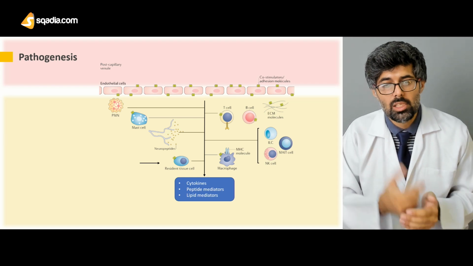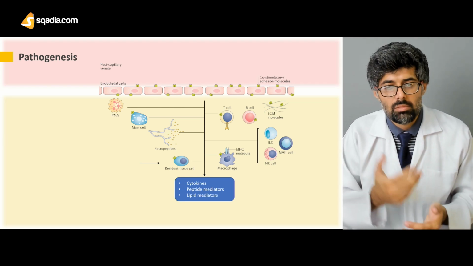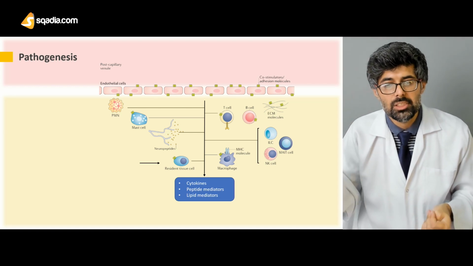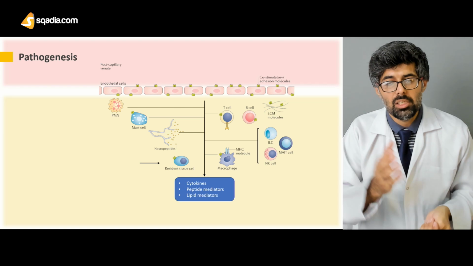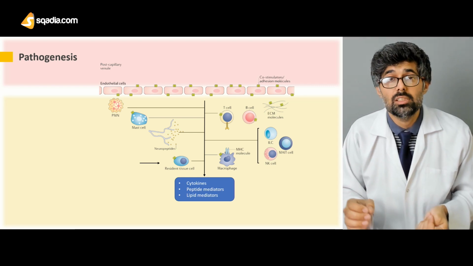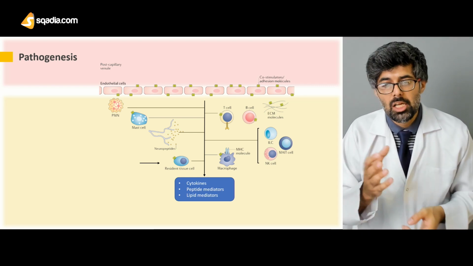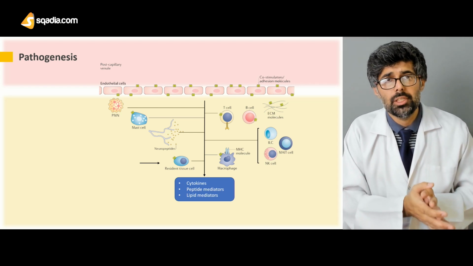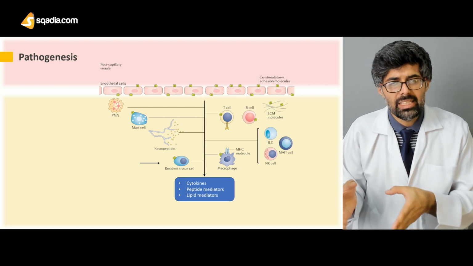They can be ILC cells, or innate lymphoid cells. They can be NK cells, that is the natural killer cells, which are cytotoxic cells. They can be MAIT cells, or mucosal-associated invariant T cells.